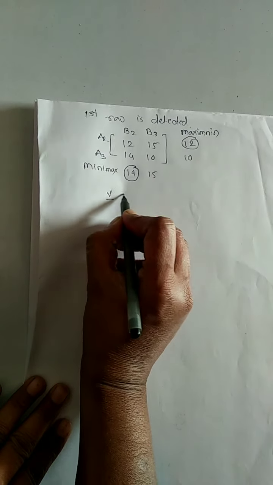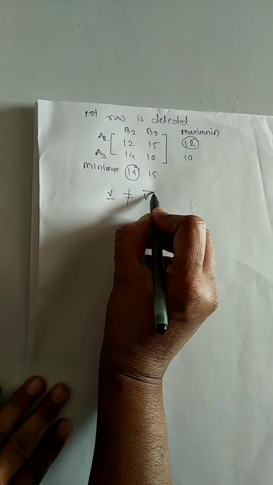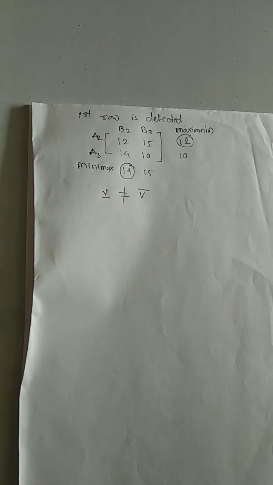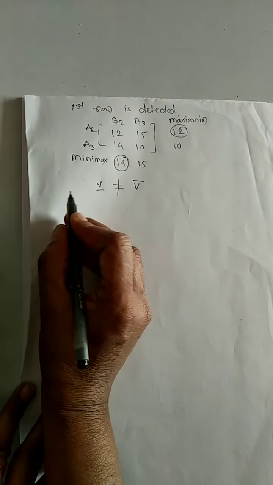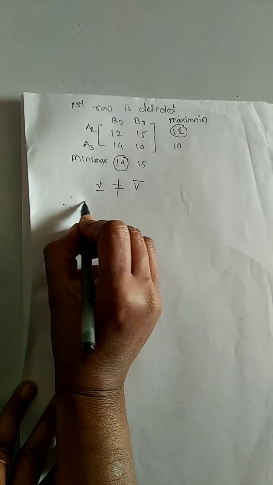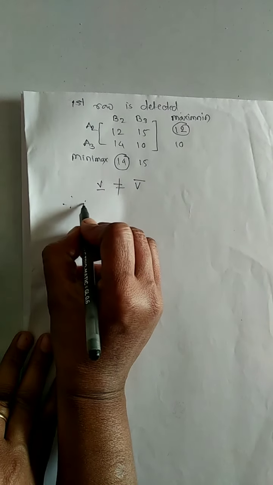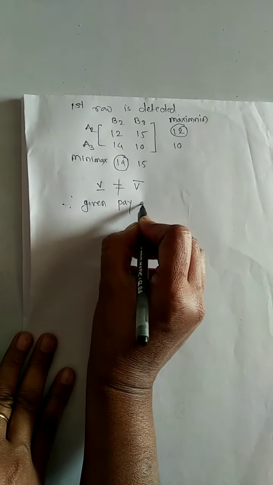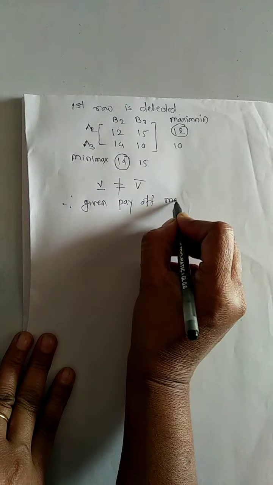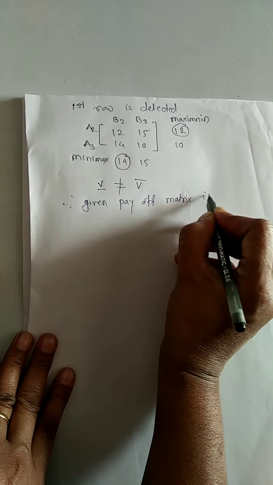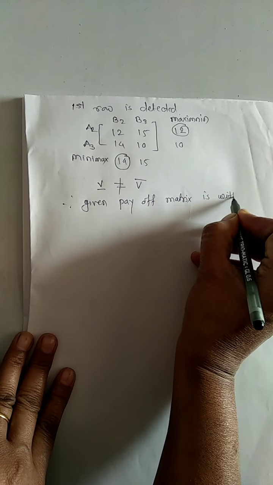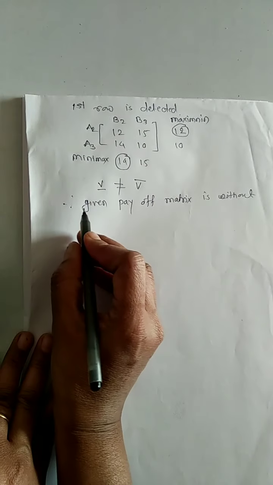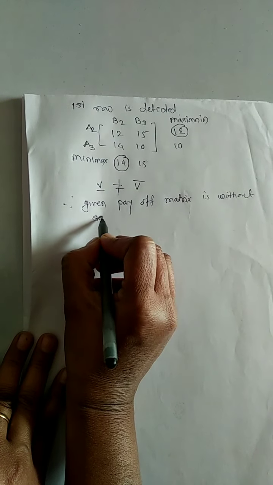Maximin is not equal to minimax. Clearly the given payoff matrix is without a saddle point.